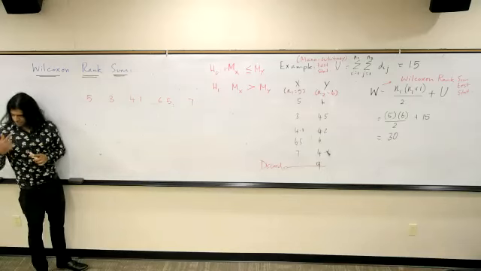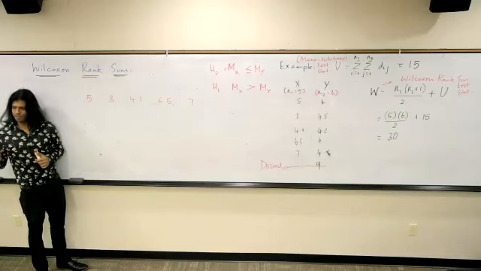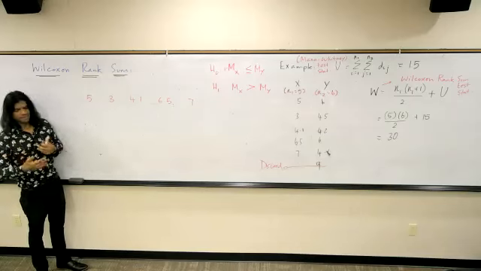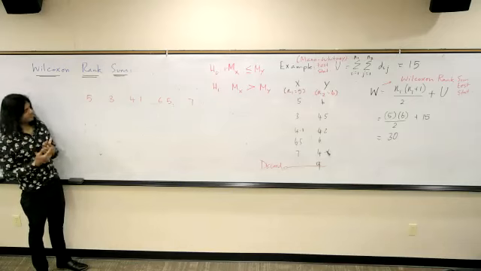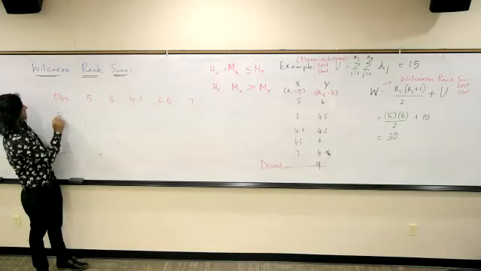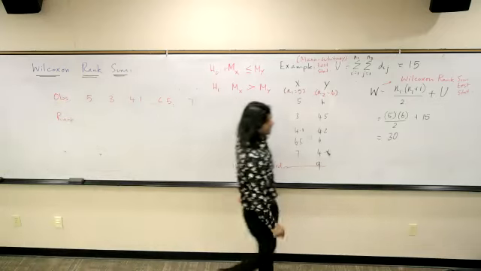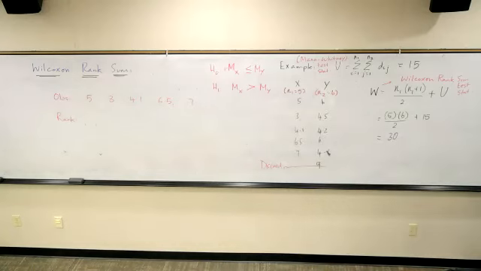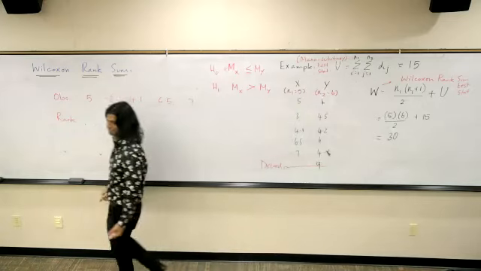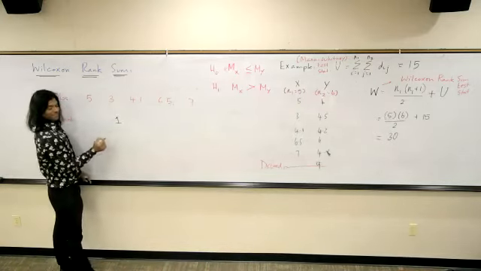Rank simply means the position. It doesn't matter whether you go from smallest to largest or largest to smallest. Typically, ascending order, right? So, observation, rank. Let's start. What is number 1? 3, 2.